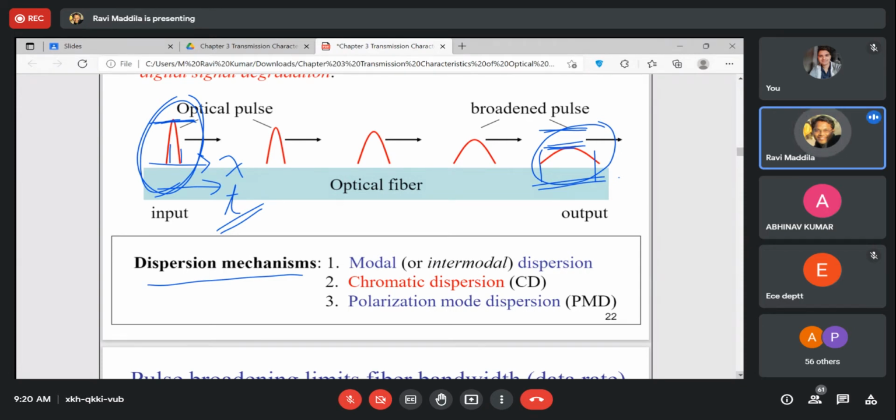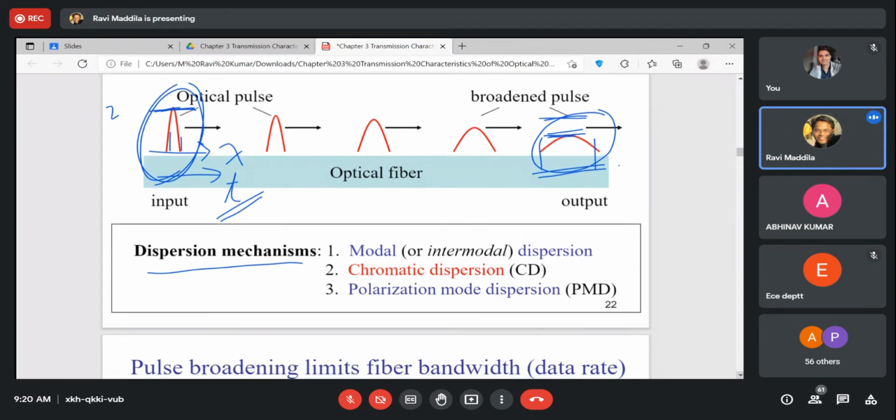Let's consider a simplistic case that the input optical pulse has two polarizations. If we have two polarizations, then the two polarizations would travel with different velocities, and they would reach the output at two different times.